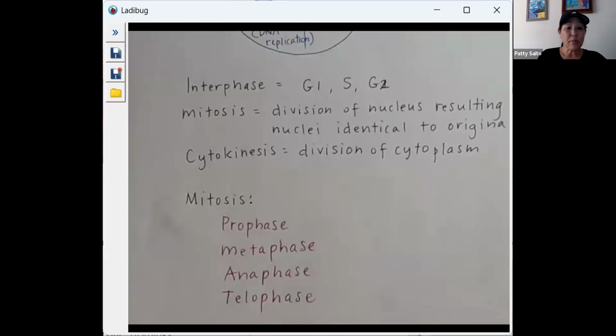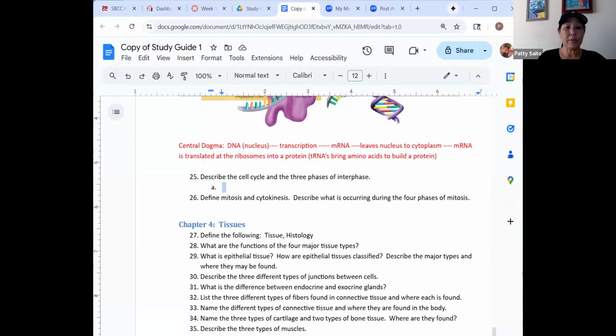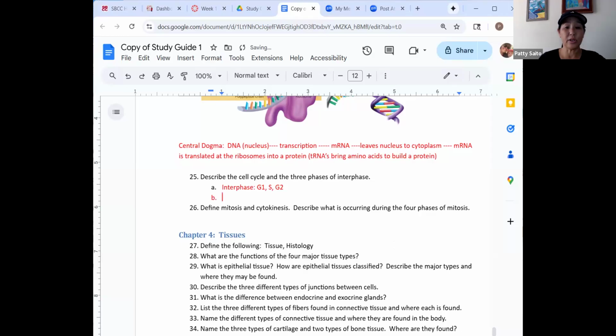All right, so let's go back and go to our copy here. Okay, and I'm going to write out the 3 phases of interphase first. Okay, G1, S, G2.